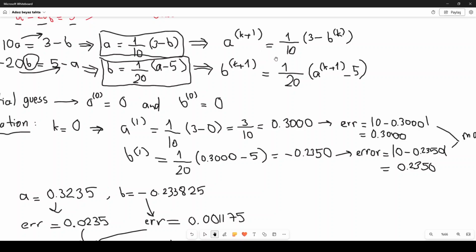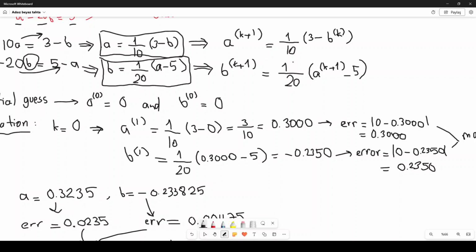And how can I find that? Well, on the right hand side, as you see, we have 3 minus b to the power of k. And when k is equal to 0, I use the initial guess for b, and then compute the new value of a.